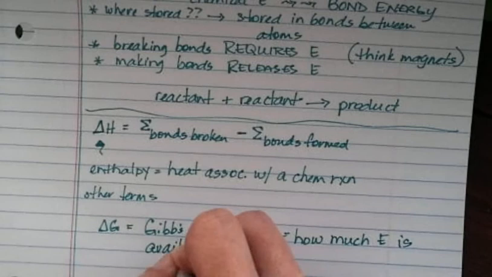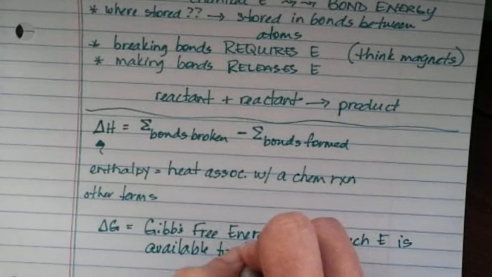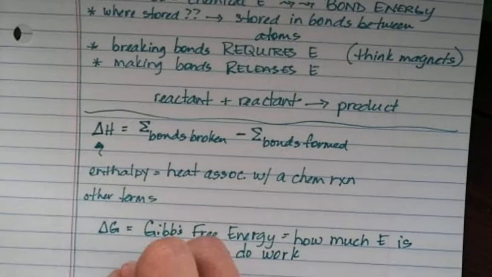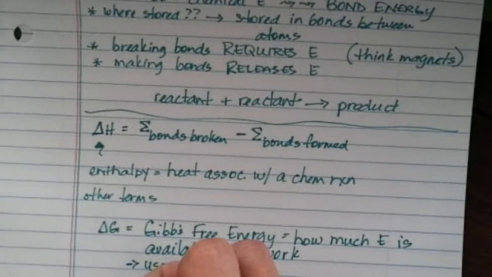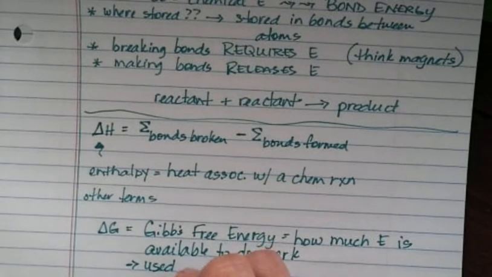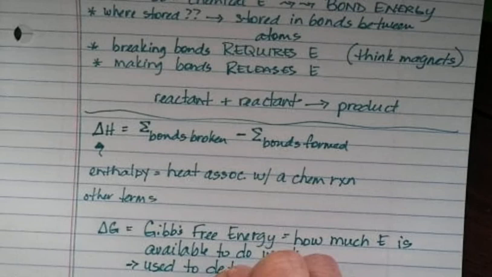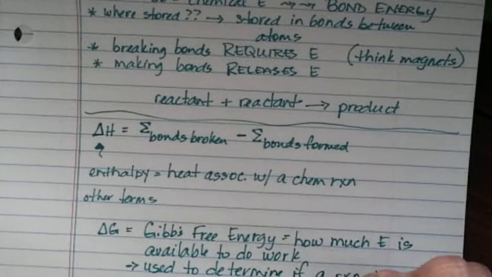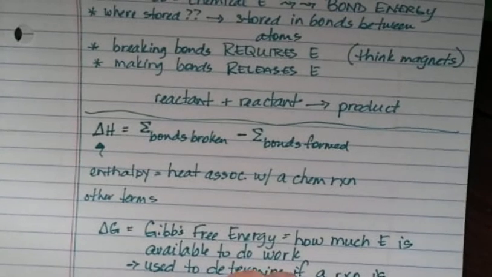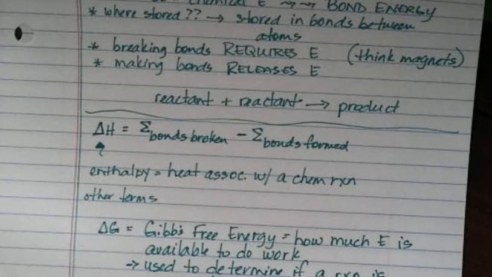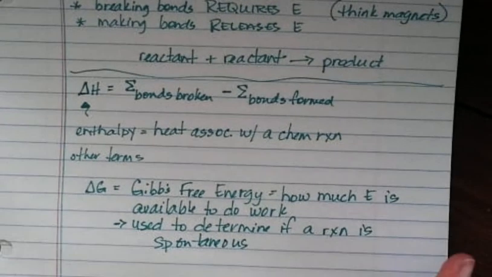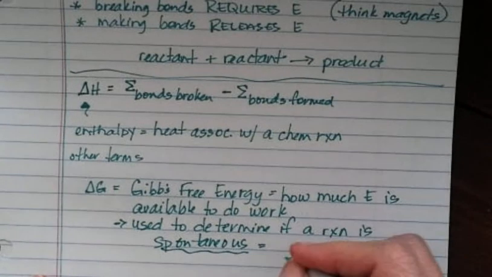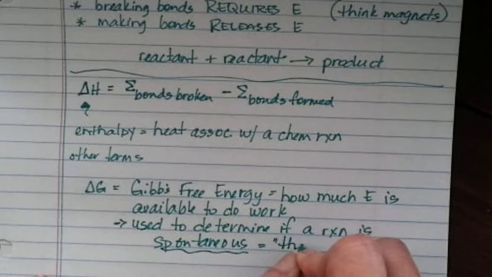Okay? And we use this to determine whether or not a reaction is spontaneous. Will this reaction happen on its own? This is a big thing in AP chemistry. And instead of saying spontaneous, they've decided to come up with a different phrase for it, which is really a mouthful, and they call it thermodynamically favorable.